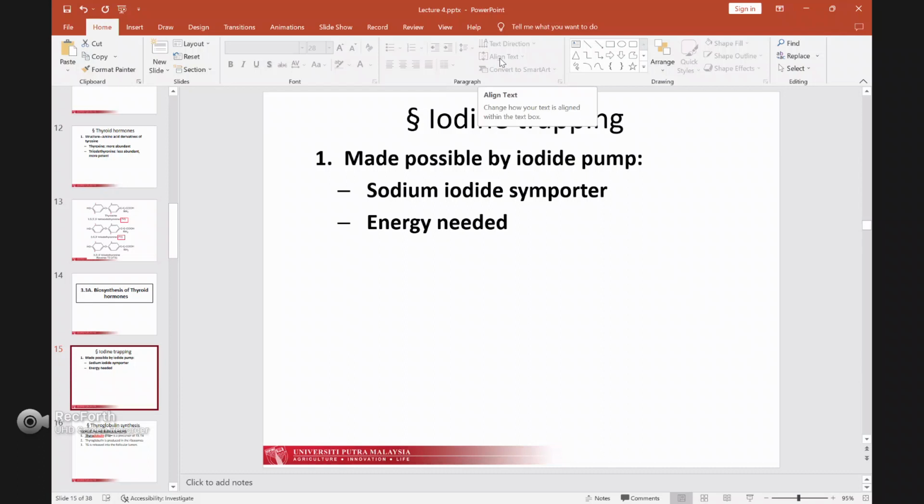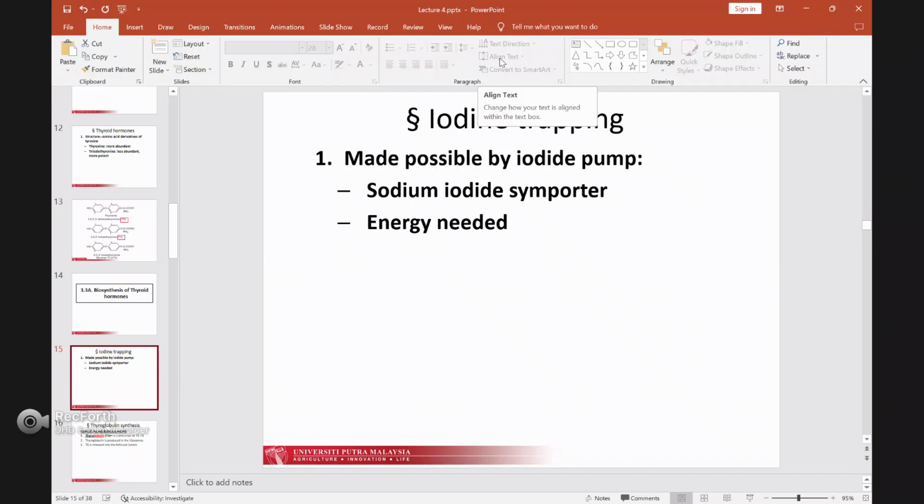The name of the pump is sodium iodide symporter. Also, this pump needs energy. I'm not sure if you have taken biochemistry of protein, but in that course we talked about the different pump systems in our body.